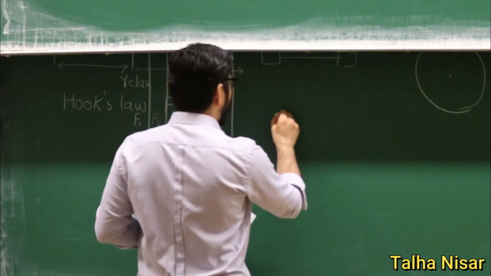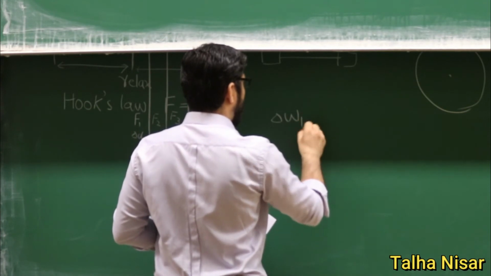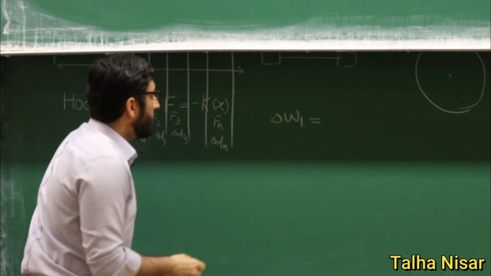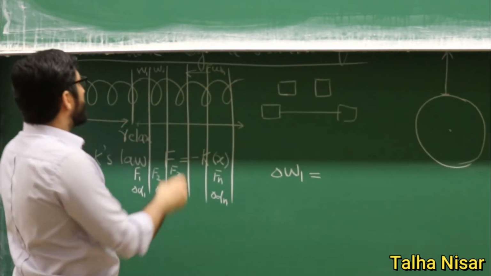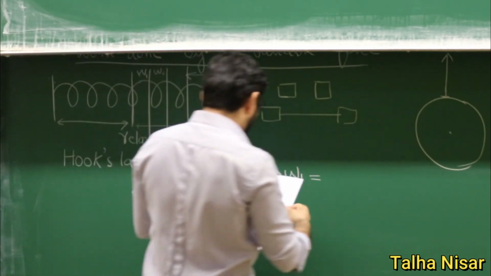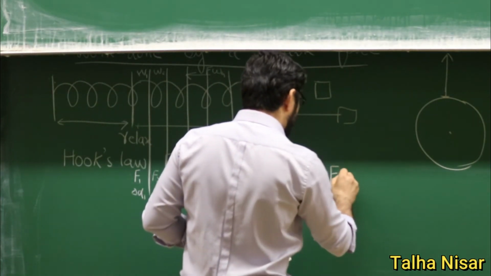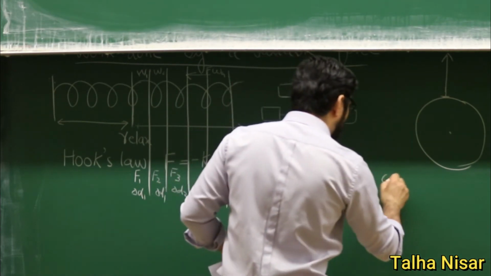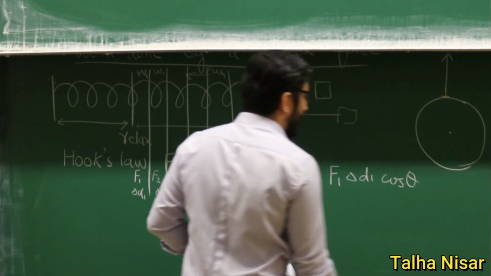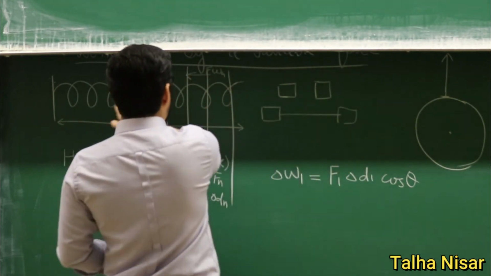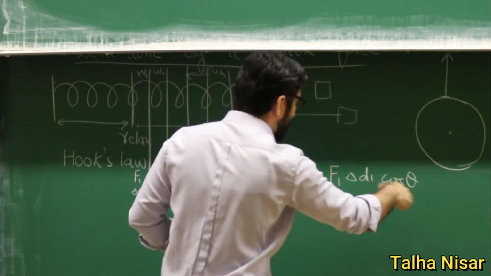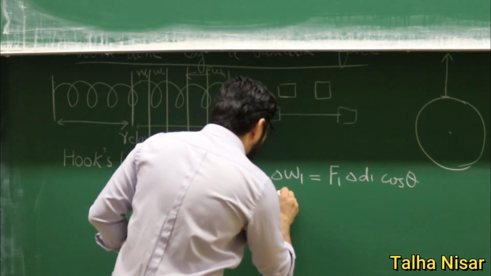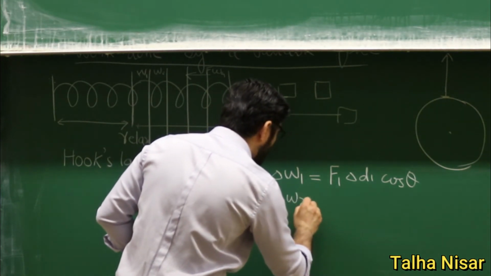So how do we do that? We have W1, for example, here. First we calculate the small one: we have F1 and then delta d1. If there is an angle, we write theta here. But in this case the angle is 0, so this part is 0. Similarly, we write W2.